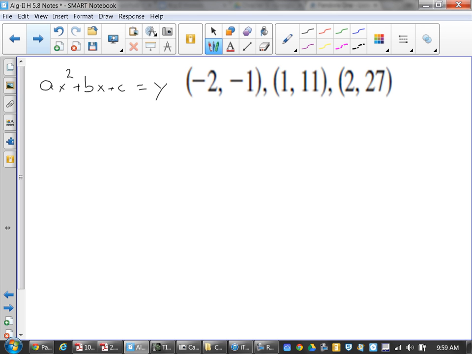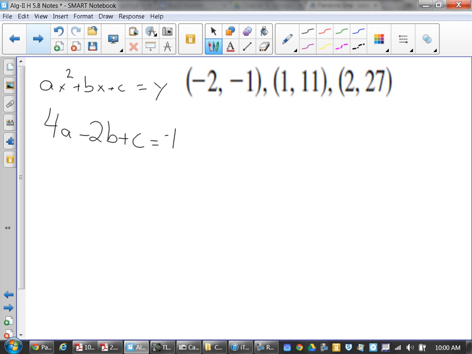So we started again. What's -2 squared? So we have 4a minus 2b plus c is -1. That's my first equation.